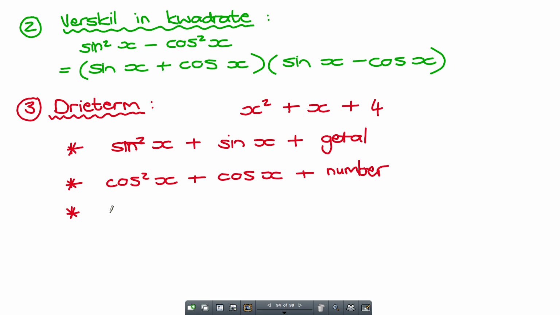Okay, jy kan ook hê tan kwadraat theta plus gewone tan theta plus 'n getal.